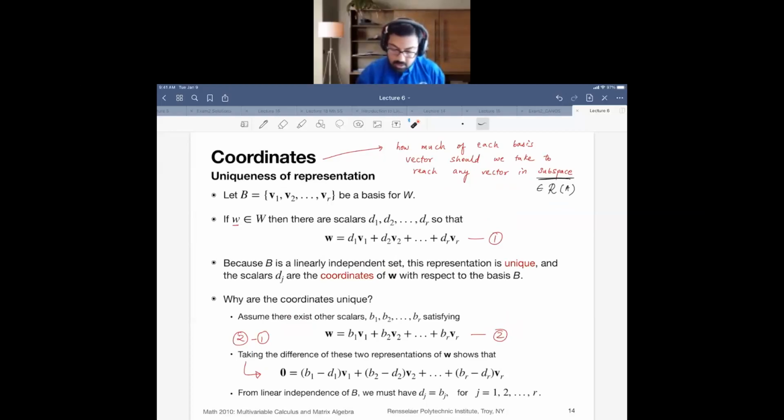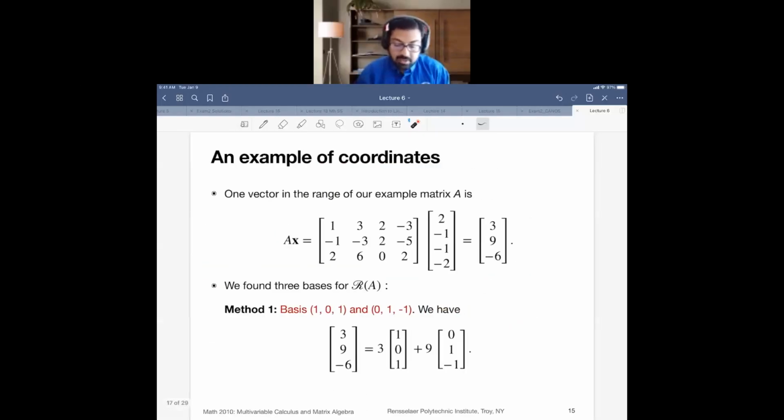All right, let's move on and look at the example of coordinates. We'll look at the same matrix A, and we will randomly choose some vector x. So this particular vector over here has been randomly chosen.